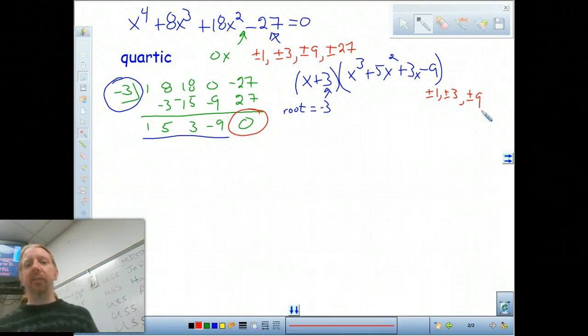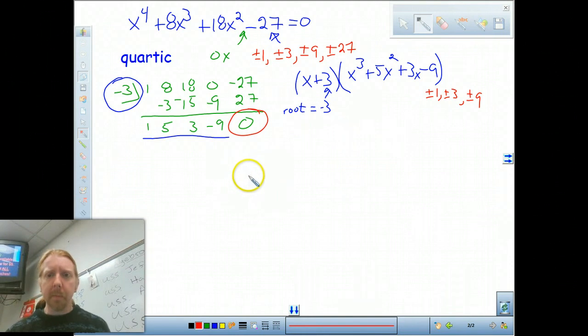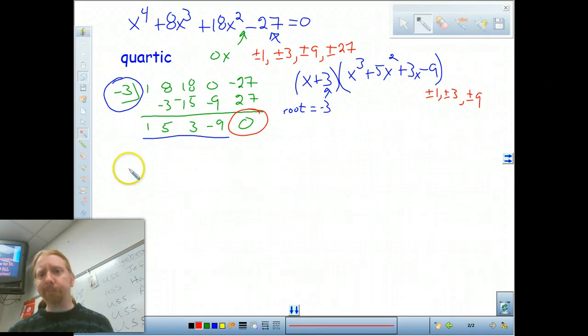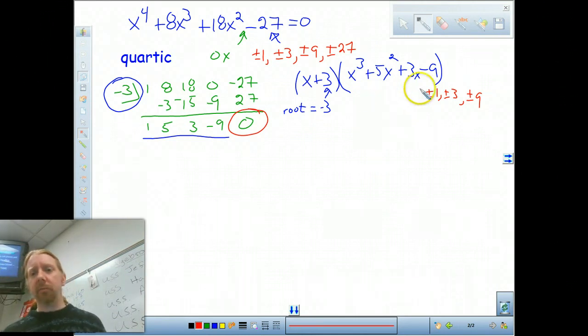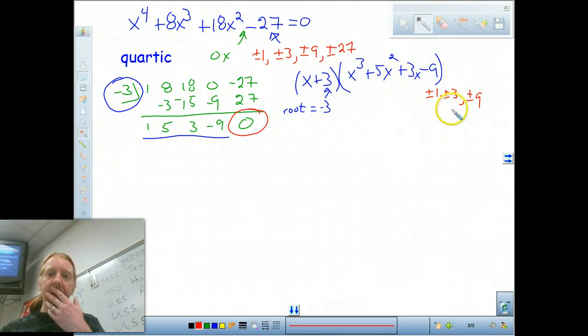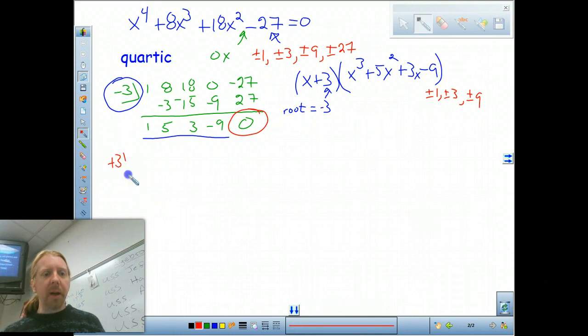So I'm going to have to fall back on these other guys. I don't know. Anyone want to take a guess what we should try? Which factor are we going to try off our list? 3 again? Try positive 3? Okay. Try positive 3. If that doesn't work, we'll try a negative 3. Then we'll try the 1s.